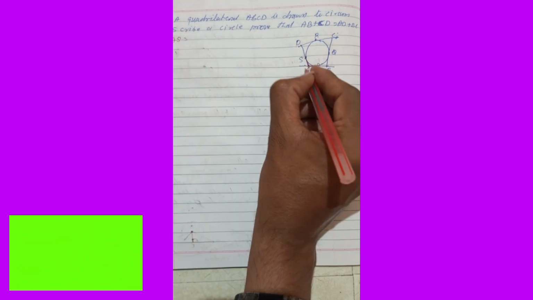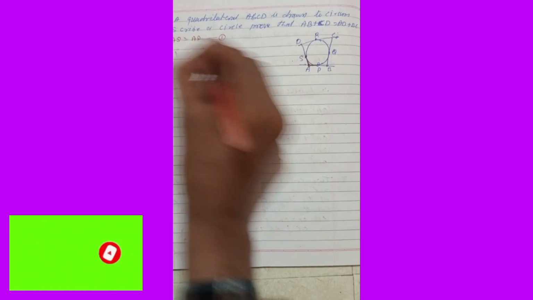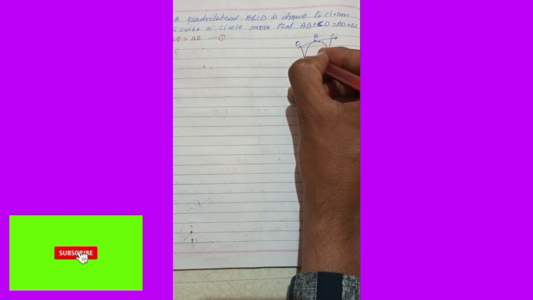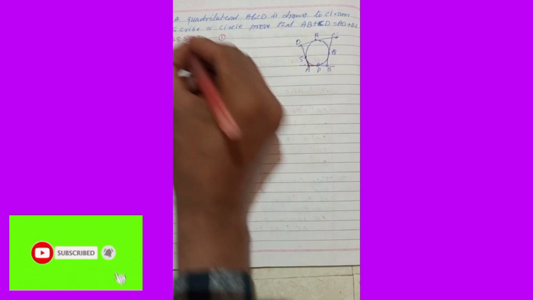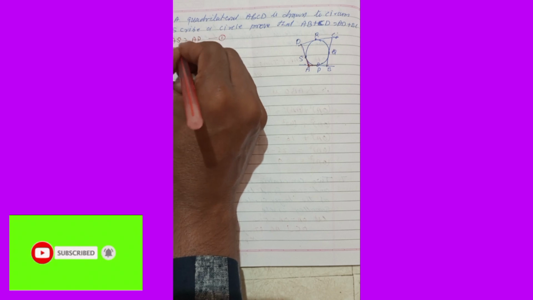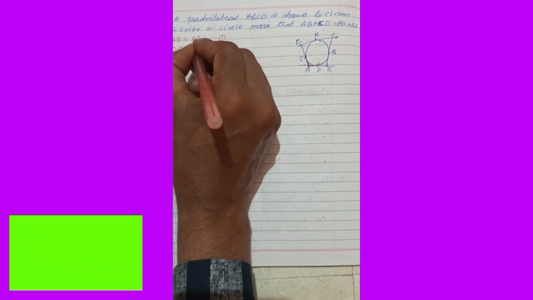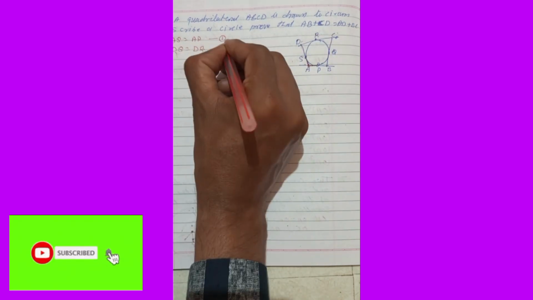So here now we can write AS is equal to AP. Equation number 1. Now from D we start. So what can we write? DS is equal to DR. Equation number 2. Why?